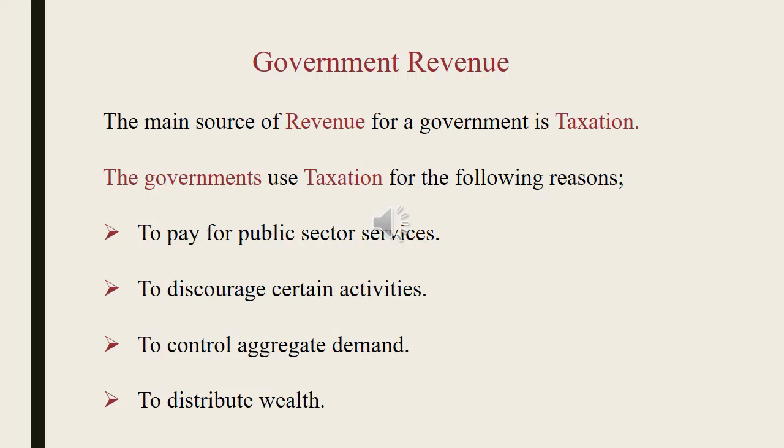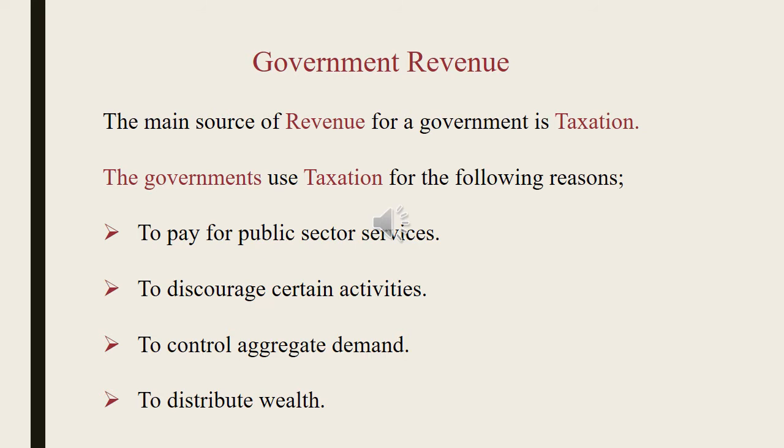Children, you all have learned that the main source of revenue for a government is taxation. Why does a government use taxation to accumulate revenue? That is to pay for public sector services. What are the public sector services?